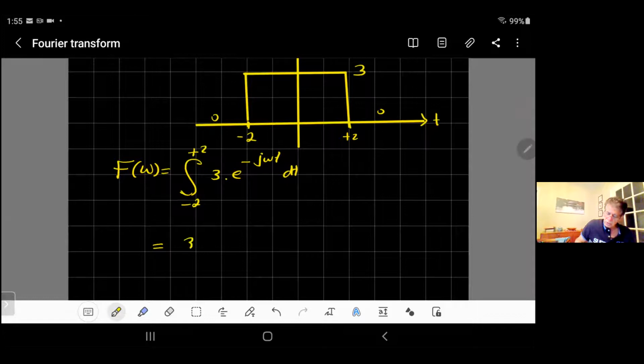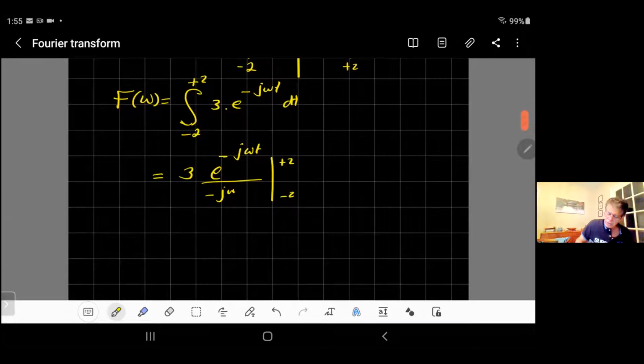So 3 is a constant, and the integration of e to the minus j omega t will be e to the minus j omega t divided by minus j omega, with the limits of integration from -2 to +2. Let's continue. You have 3 as a constant over minus j omega.